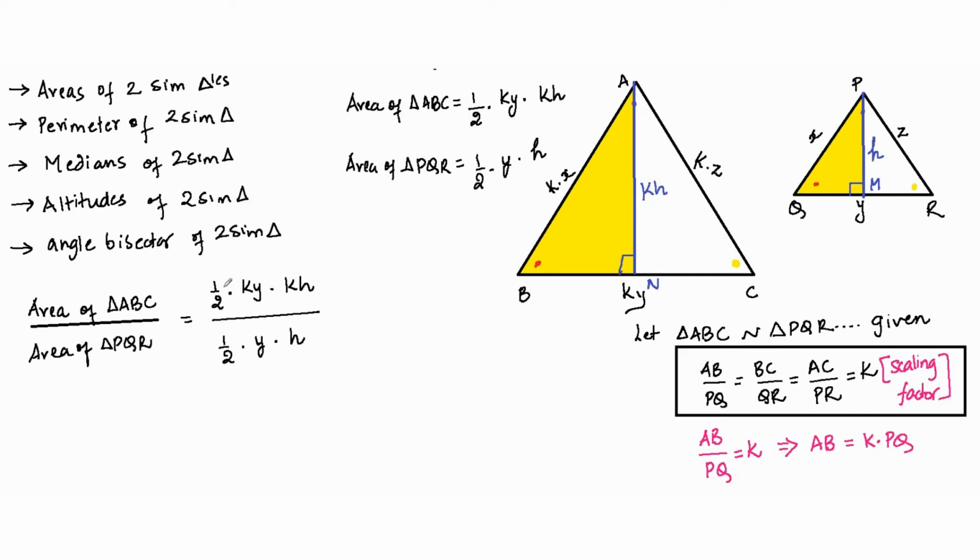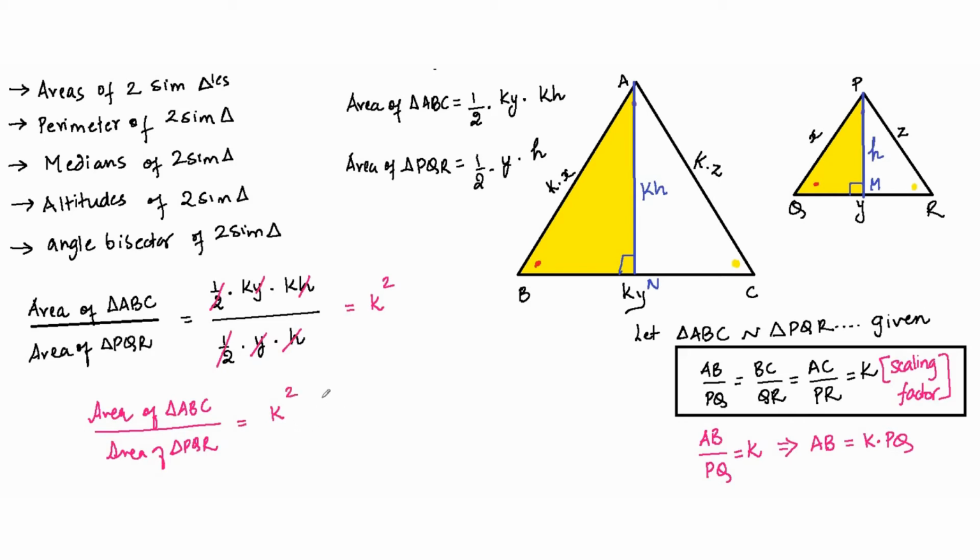And now what will happen is half cancels, y will also cancel, and h also cancels. Therefore, K into K becomes K square. Therefore, I can say that area of triangle ABC divided by area of triangle PQR is given by the square of the scaling factor.